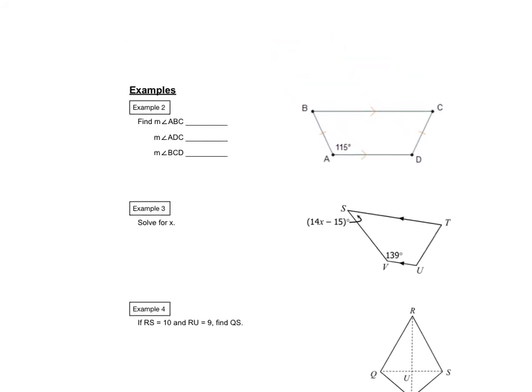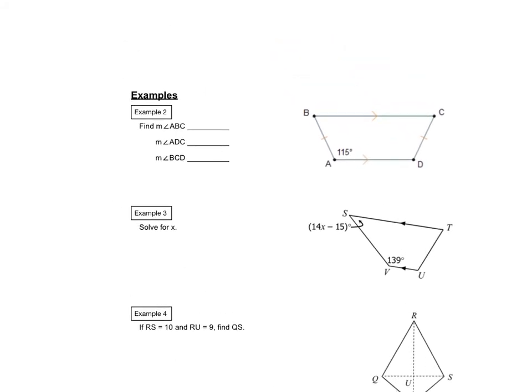So looking at some of the examples that we have covered when it comes to this trapezoid and kite, in example number 2, find the measurement of angle ABC. We have to remember when it comes to trapezoids, and this one happens to be isosceles, that my base angles are going to be congruent. So angle A and angle D are congruent base angles. I know that angle D is equal to 115, another way of saying angle D would be angle ADC.